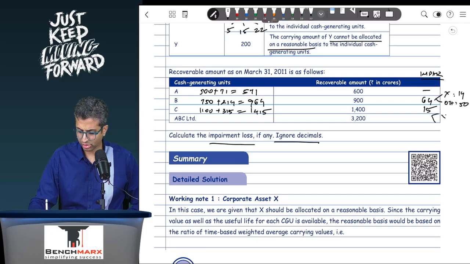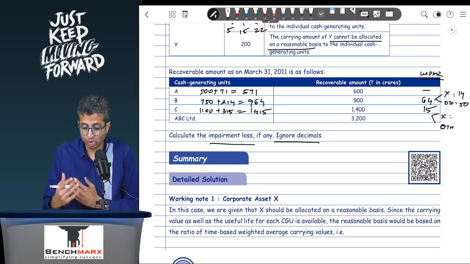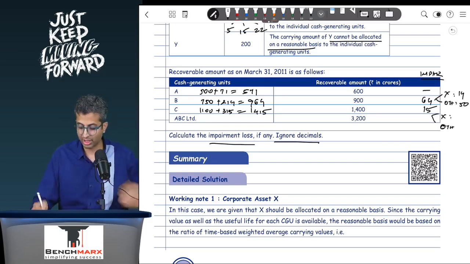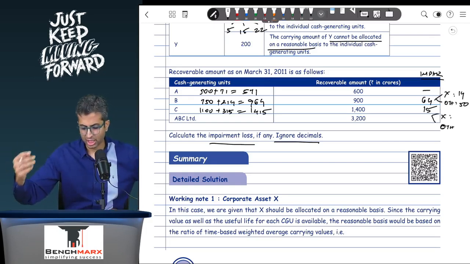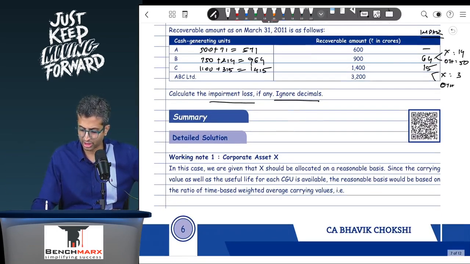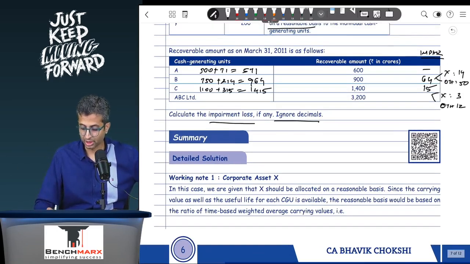Again, when I do the allocation of 15, it will be in the ratio of carrying values, that is in the ratio of 315 to 1100, and hence 15 into 315 upon 1415 will come to approximately 3, and the remaining 12 you can calculate. So post your smaller unit impairment, your CGU A will still continue to appear at 571, no impairment.